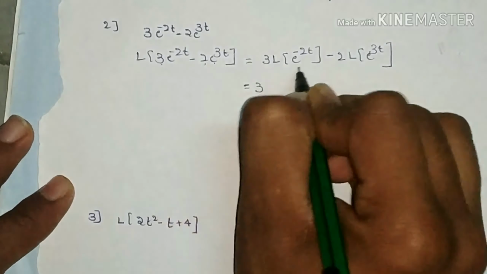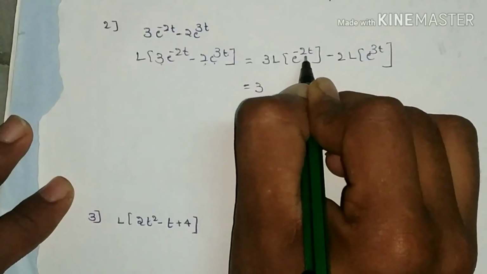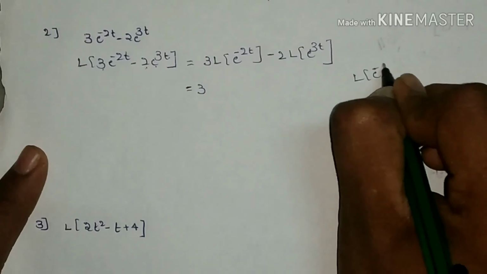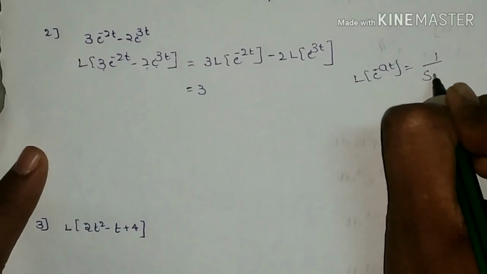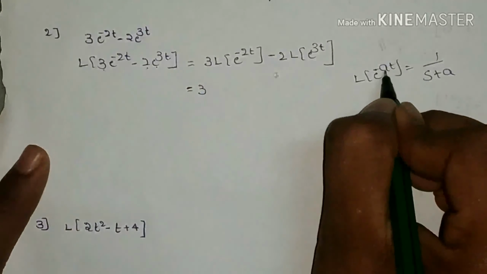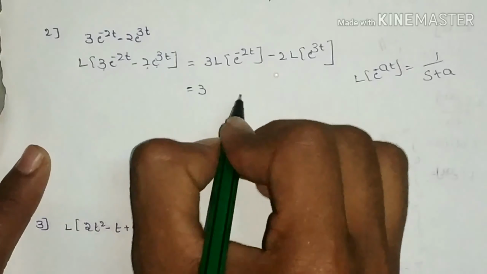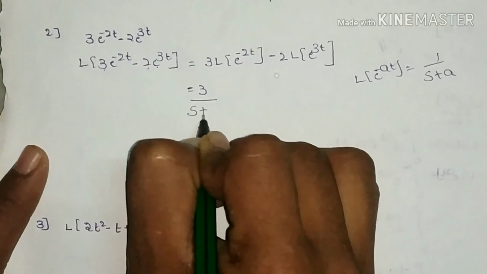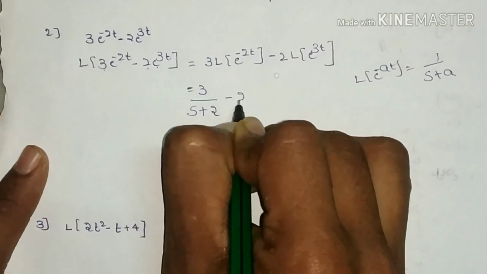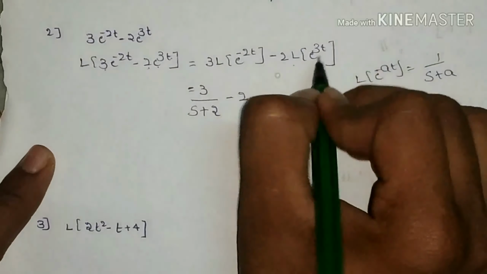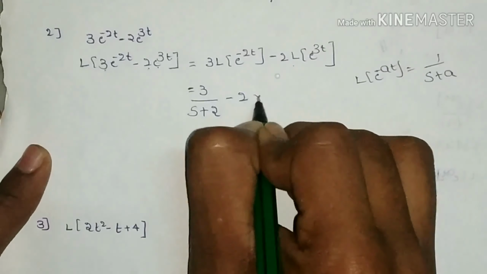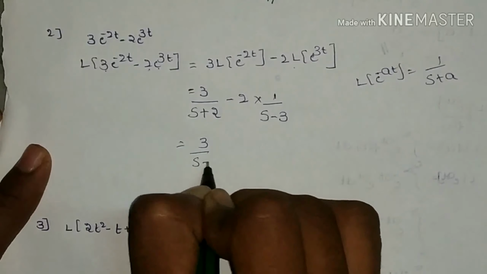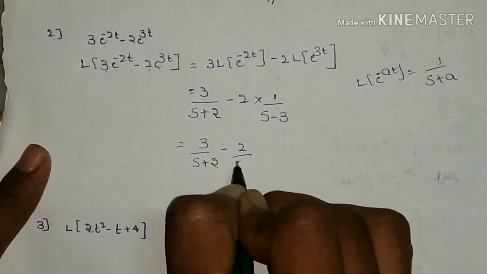By the standard result, Laplace of e raised to minus at is 1 divided by s plus a. Here in the place of a, 2 is there. Therefore, it can be written as 3 divided by s plus 2 minus 2 as it is. Laplace transform of e raised to 3t can be written as 1 divided by s minus 3. It reduces to 3 divided by s plus 2 minus 2 divided by s minus 3.